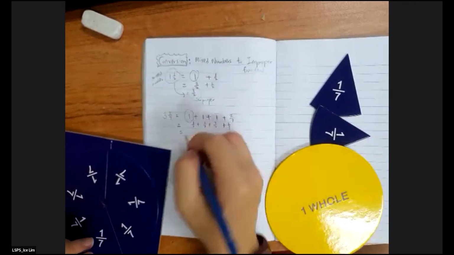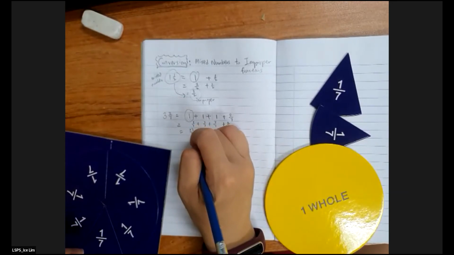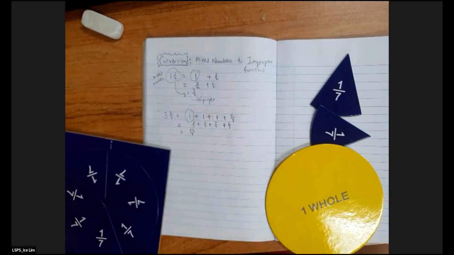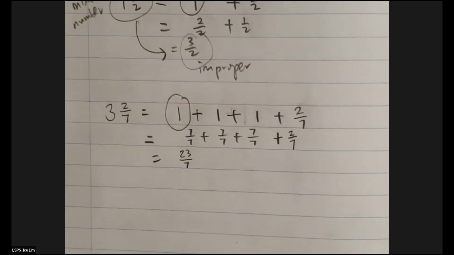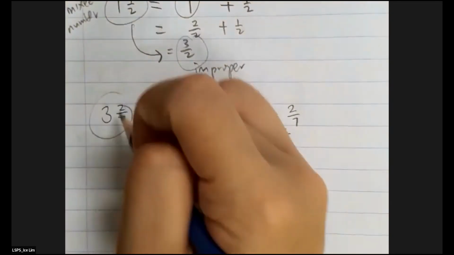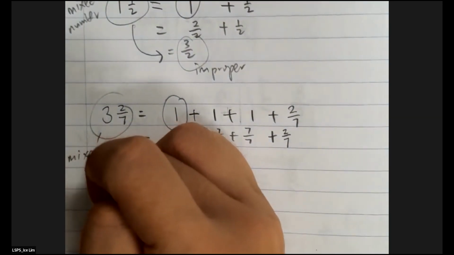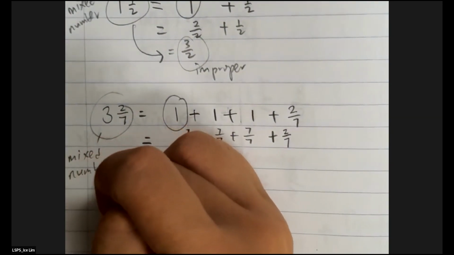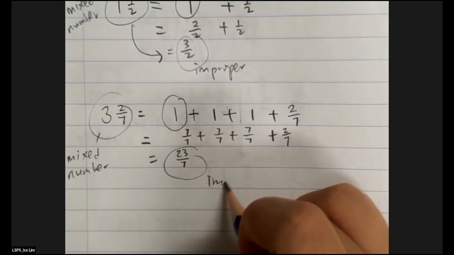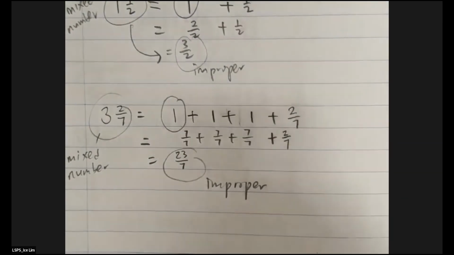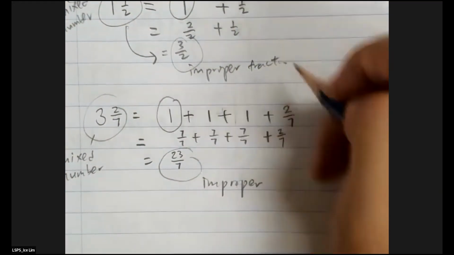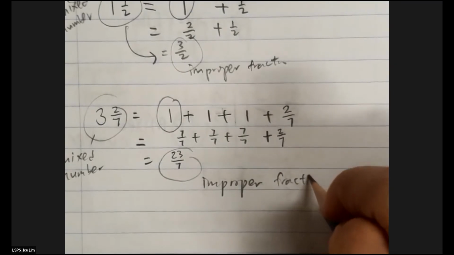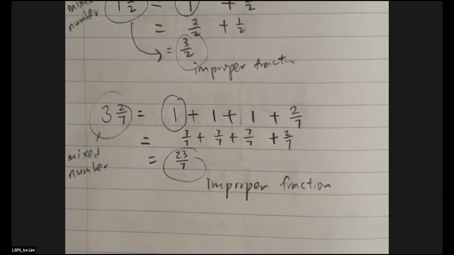So 21 plus 2, 23 sevenths. Can you understand? So here, this one, mixed number. This one, improper fraction. Is this okay? Yes? Okay.